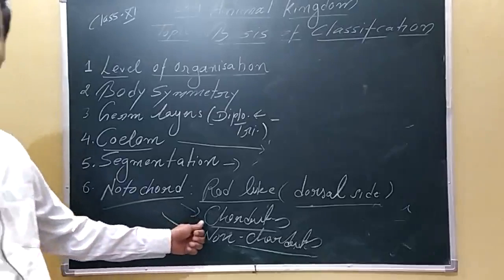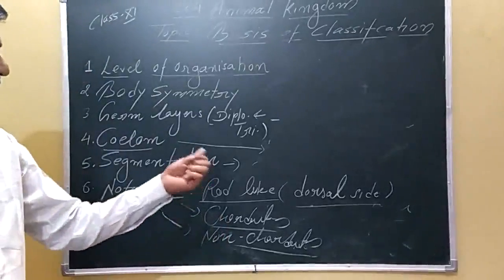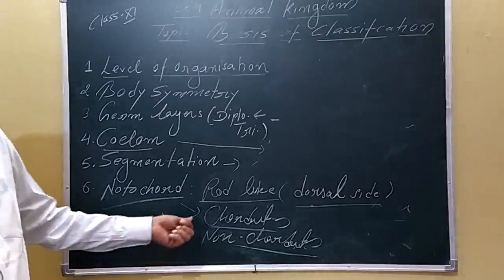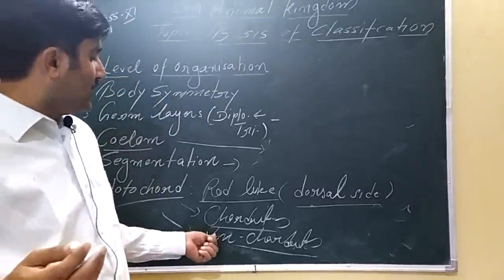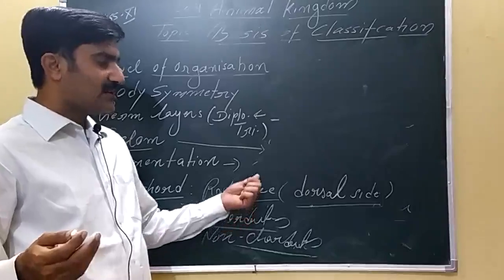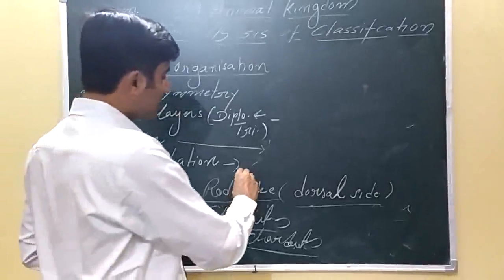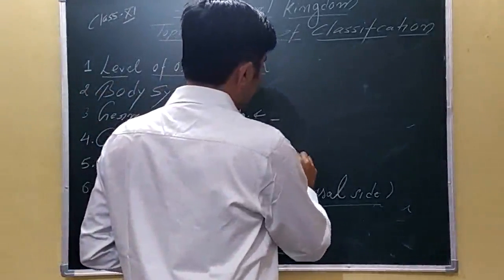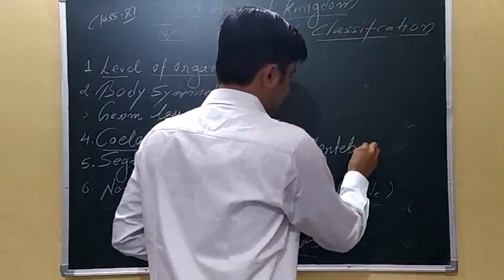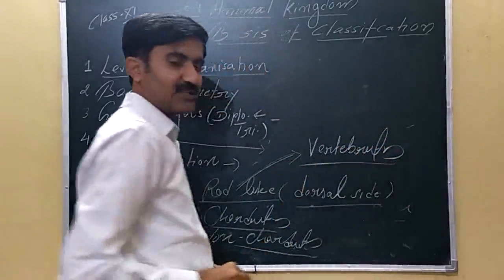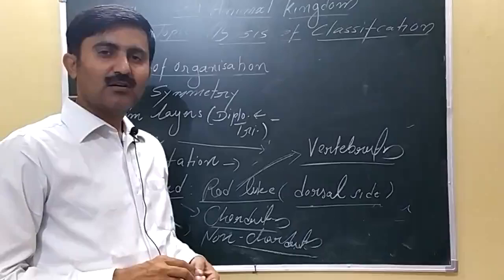Higher animals, the last phylum having the presence of this rod-like structure in the dorsal part of the body, are called chordates. In some higher animals, this rod-like structure, the notochord, is replaced by the vertebral column. When it is replaced by the vertebral column, please remember these are called vertebrates.